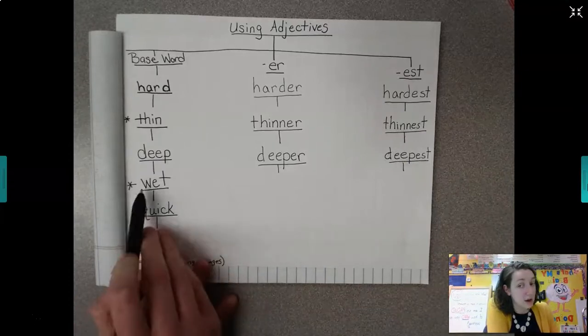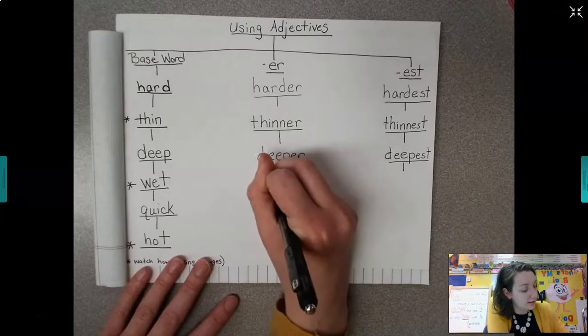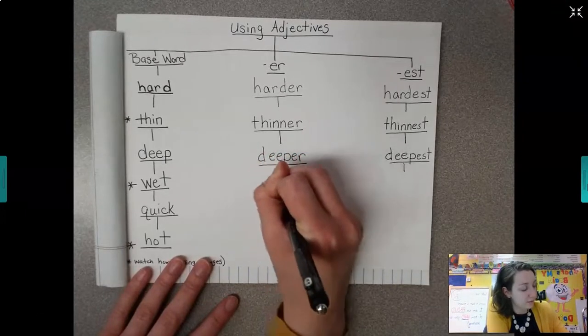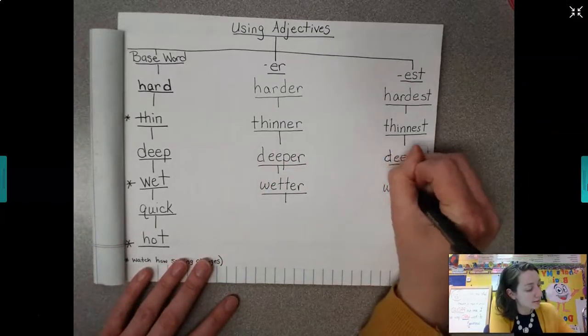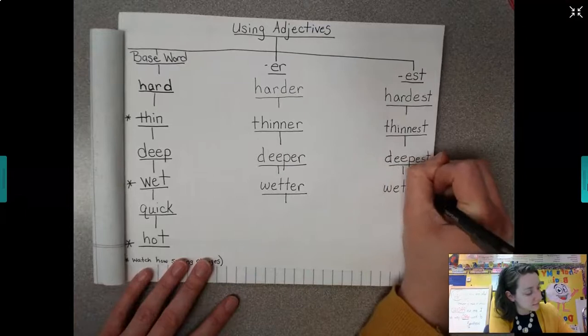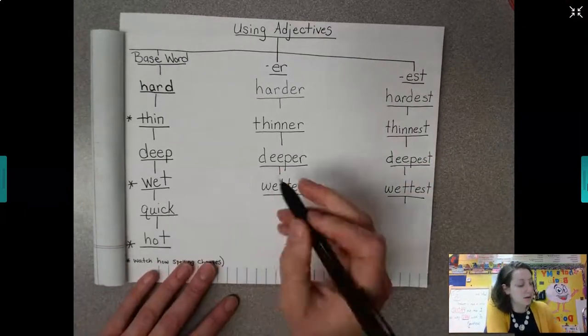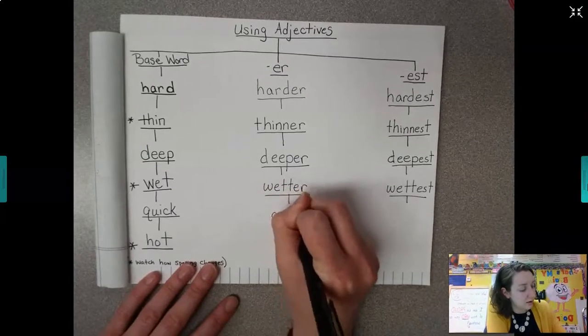Wet does, though. We have that consonant, vowel, consonant, so we are going to have to double that T before we add the ER to make it wetter. Wetter. Or wettest. All right, quick, same thing. It does not have that spelling change because it ends with vowel, consonant, consonant.